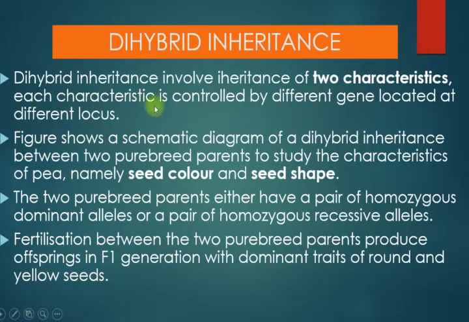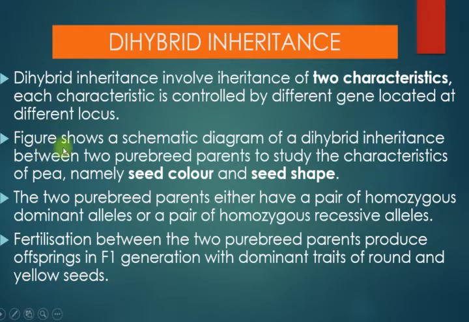Each characteristic is controlled by a different gene located at a different locus. So when it involves two characteristics, it will involve two different genes, and these two different genes are located at two different loci. That is dihybrid inheritance, which involves the inheritance of two characteristics.